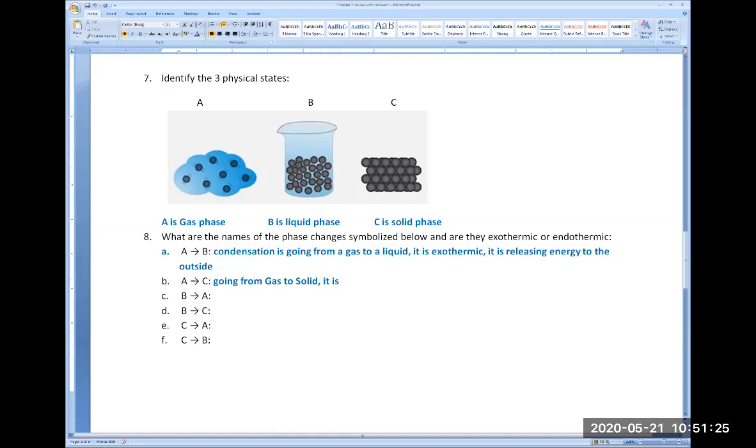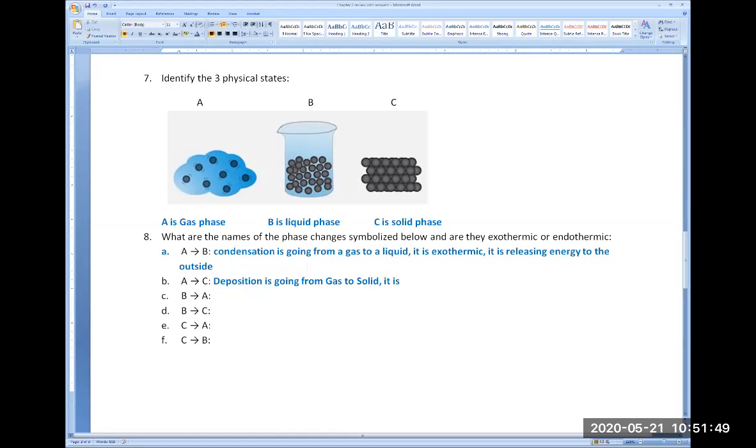I know it's not one you hear a lot, but that's deposition. Deposition is going from a gas directly to a solid without going through the liquid phase.